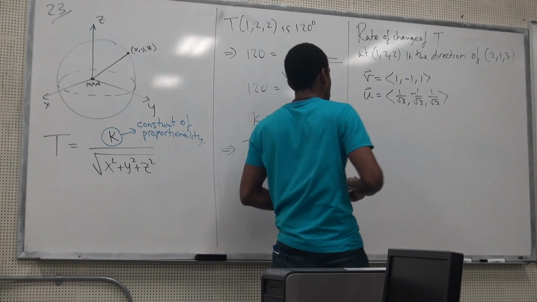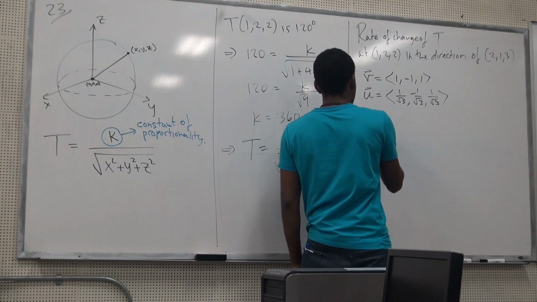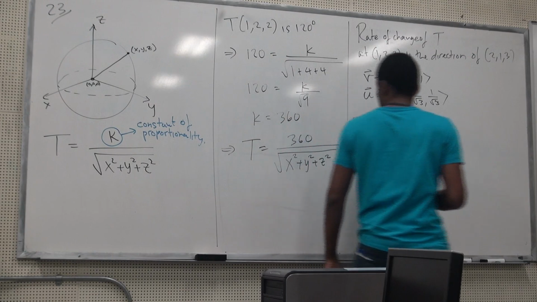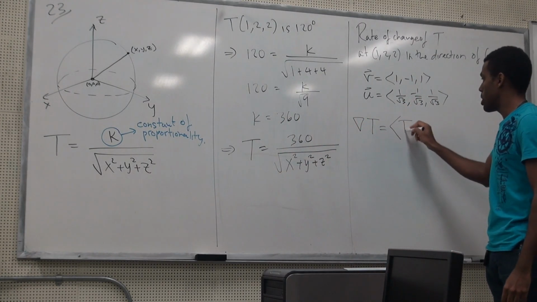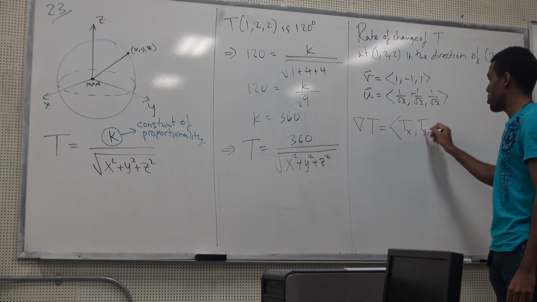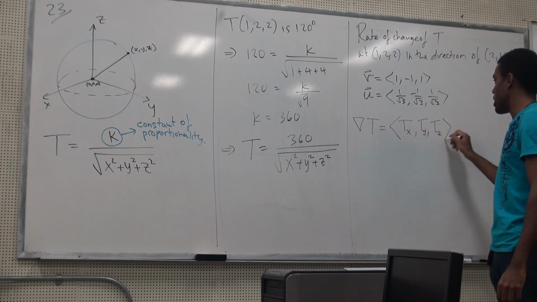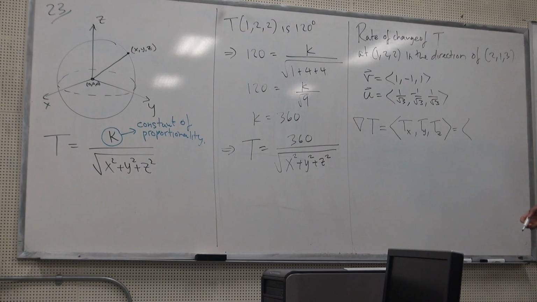Then you have to find the gradient of the temperature, which means we're going to have to find the partials of that guy. So this is partial of T with respect to x, partial of T with respect to y, partial of T with respect to z. They're all going to look very similar. What's the partial with respect to x?